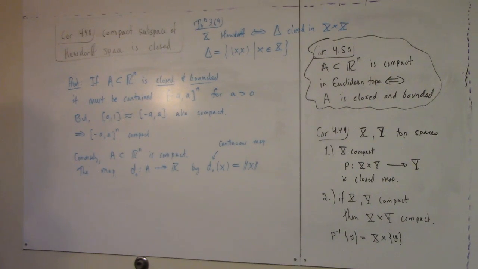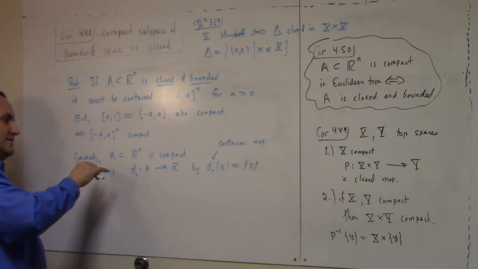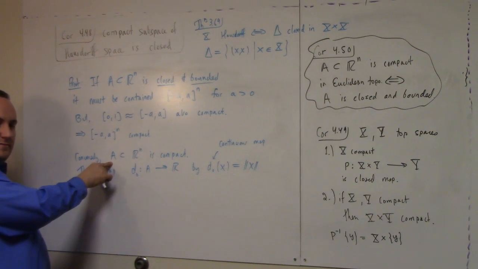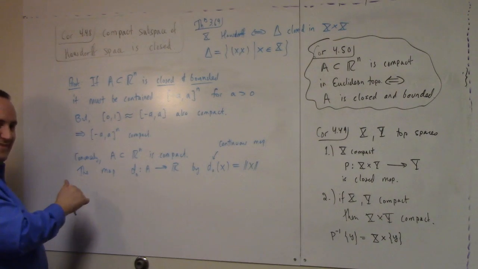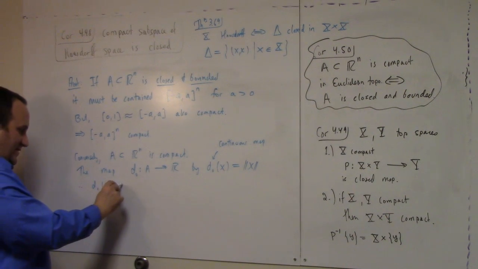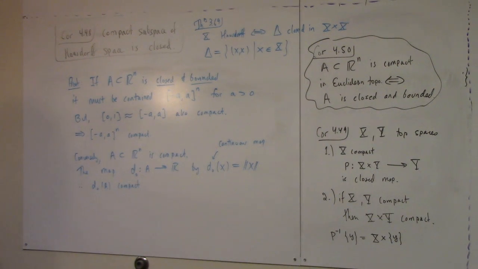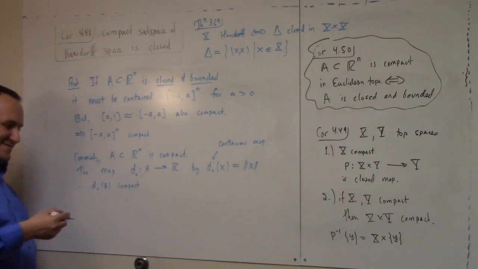Differentiability has some trouble in certain places, but we're not talking about that. Continuous map, compact domain. So D0 of A is also compact, since it's the continuous image of a compact set into the reals.